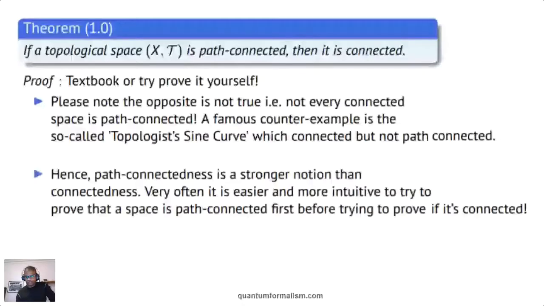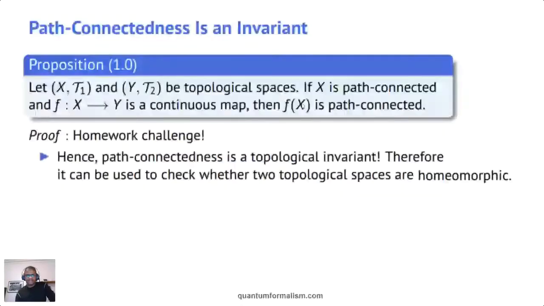Was there any confusion in terms of the proposition? If this is a homeomorphism, then obviously f of X equals the entire space Y. If this is onto and one-to-one, a homeomorphism, then the entire domain maps onto the entire space, and they are homeomorphic.